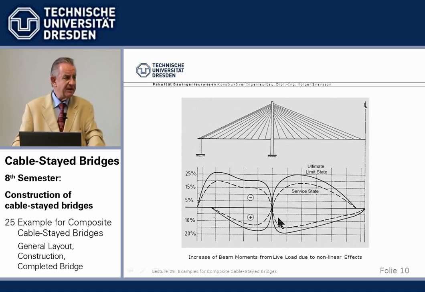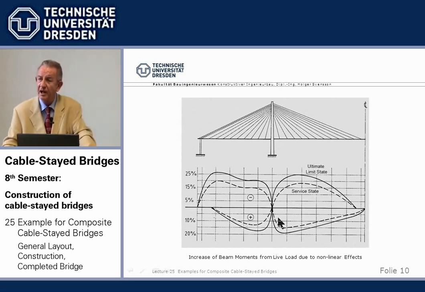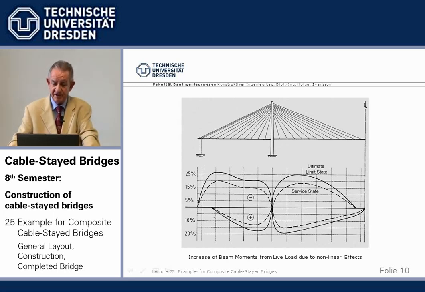We are rather slender. We have a 381 meter span with about 1.8-something meters depth, which gives us 1 in 200 slenderness for the beam, and it's an open section, not a box, so it's rather wobbly. And this shows up in the increase of moments due to live load, due to nonlinear theory or P delta effects, as we say.